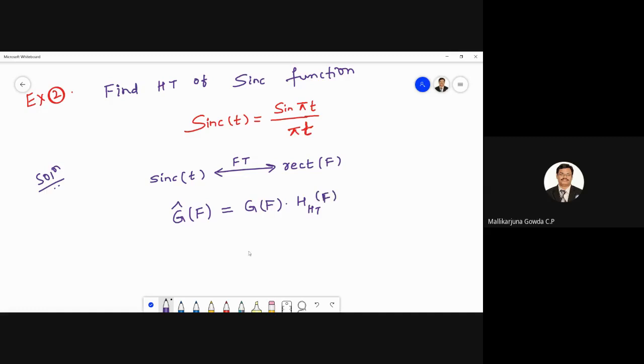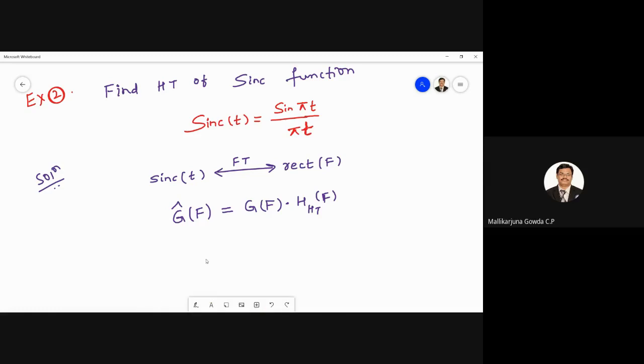You have come across this equation or not? Yes, sir. So it is in frequency domain. What is the Fourier transform of a sinc signal? It is a rectangular function, and I know how to express this rectangular function in frequency domain. And I know the Fourier transform of the impulse response of the Hilbert transform. So just multiply those two and try to simplify and see.